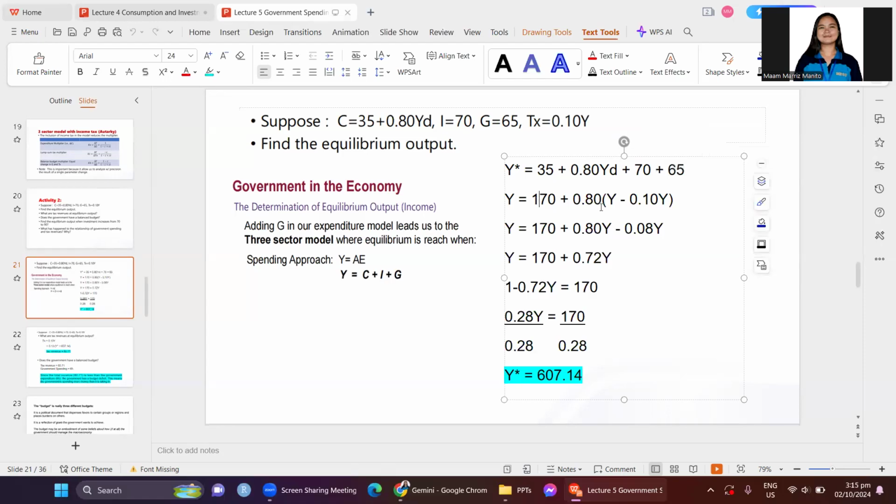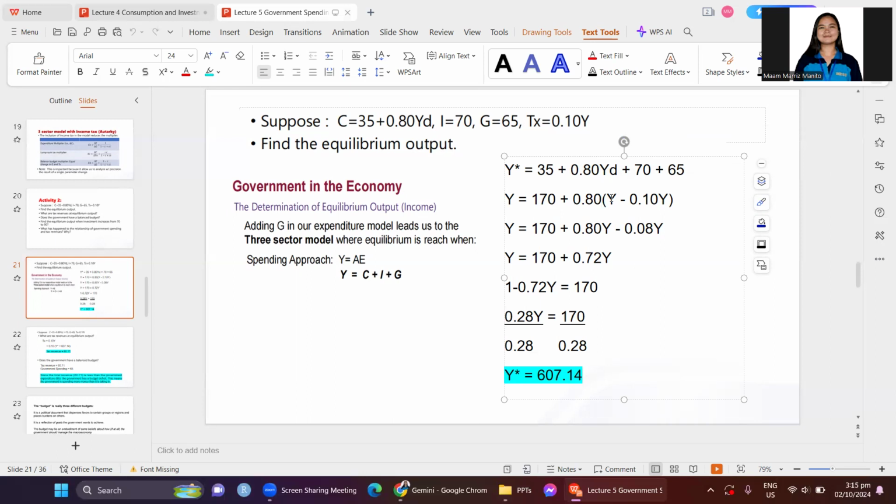Next, we add like terms: 35 plus 70 plus 65. That is 170 here.